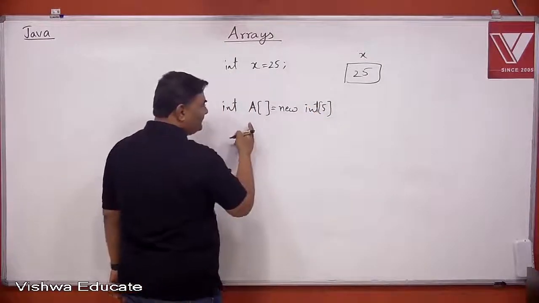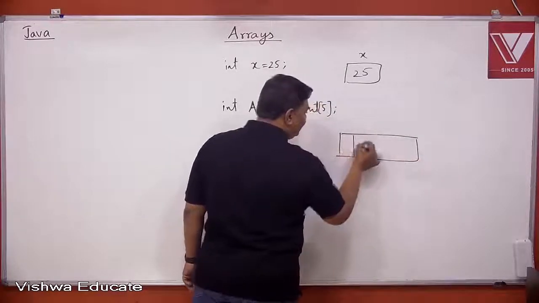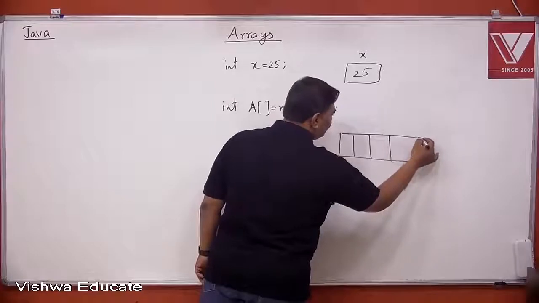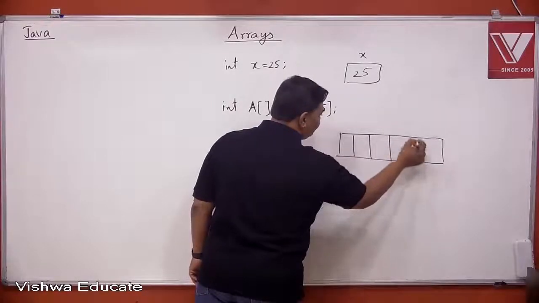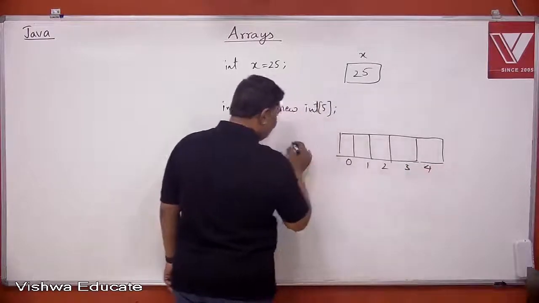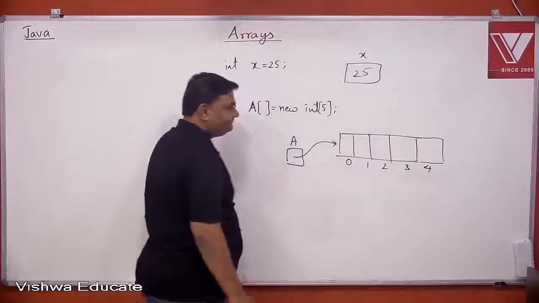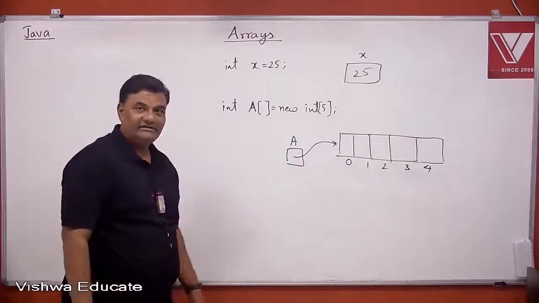Now, how does this look? I can store 5 integers now. The indices are 0, 1, 2, 3, and 4, and the name of this array is A. It is created like this.